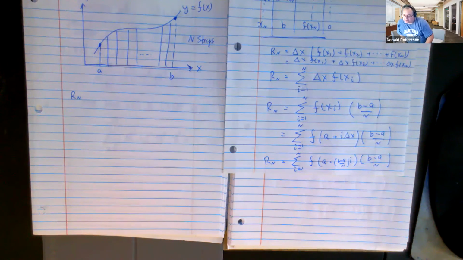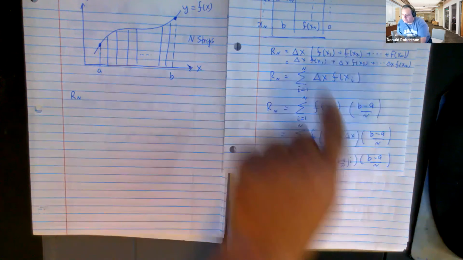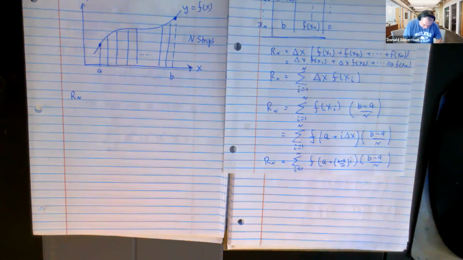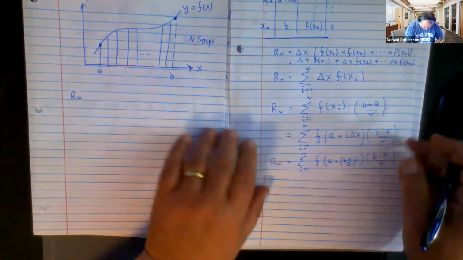And that is essentially the Riemann sum for every single area under the curve in the universe. The minute you tell me f of x is x cubed and a is 2 and b is 7 and n is 42 strips, can't I then start dealing with it and make a table, right, and do what we do? But we're going to take it a little bit further.